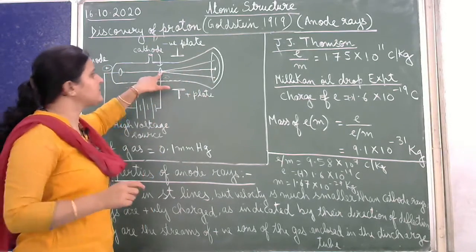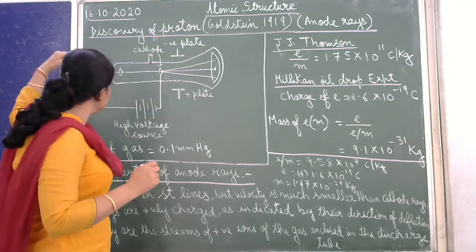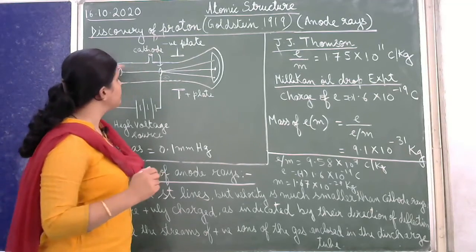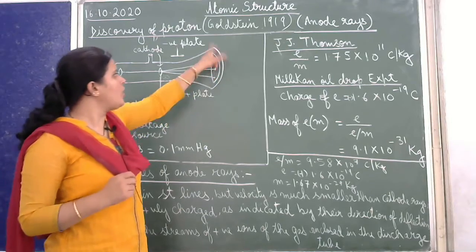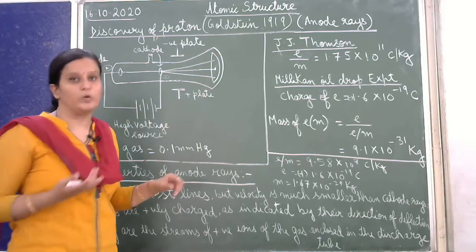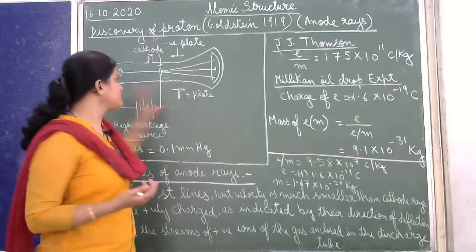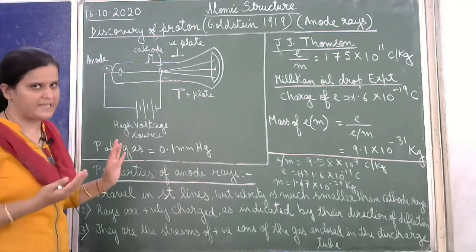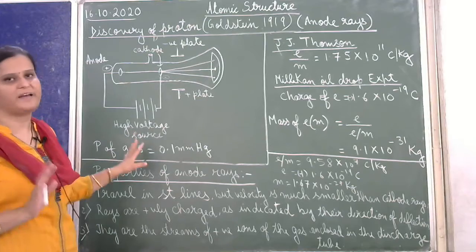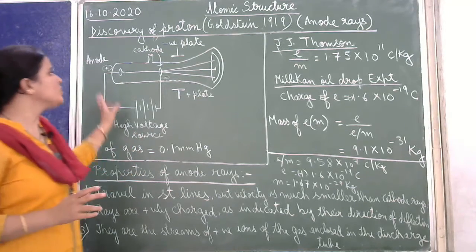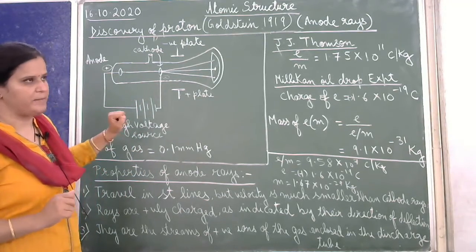Because the cathode had a hole, they passed through the cathode and struck the fluorescent material, causing it to illuminate. So the experiment is more or less the same. The only changes are the position of the cathode and anode, and the comparatively high gas pressure.